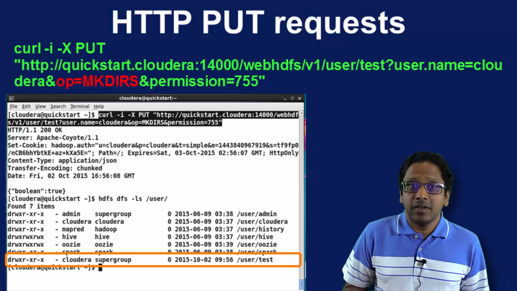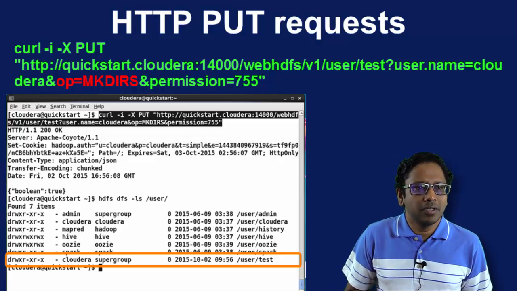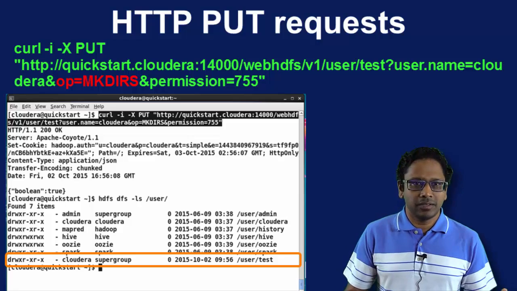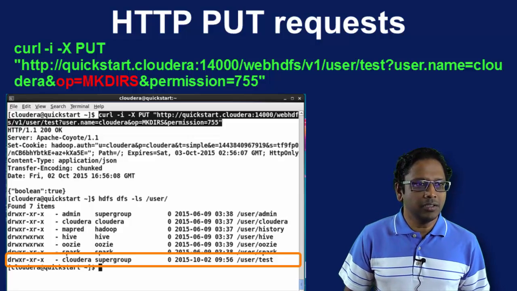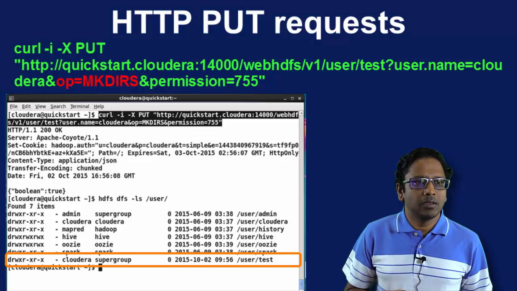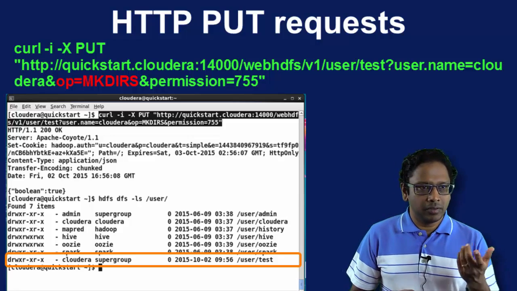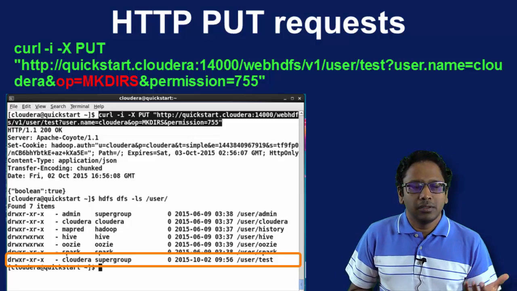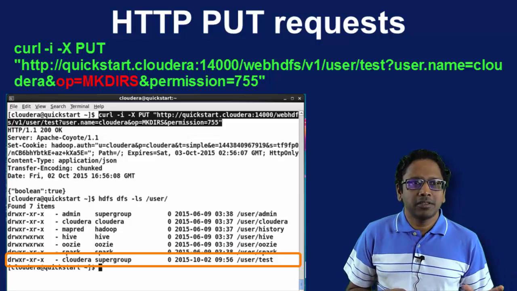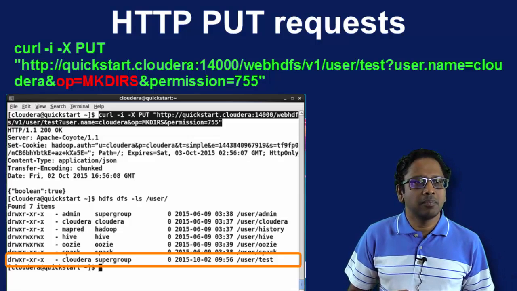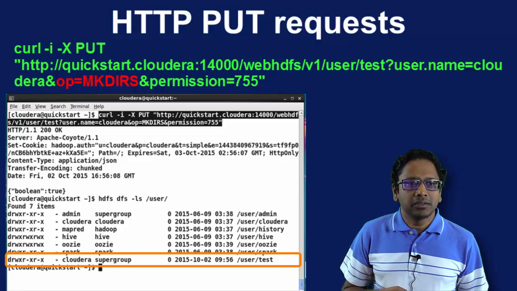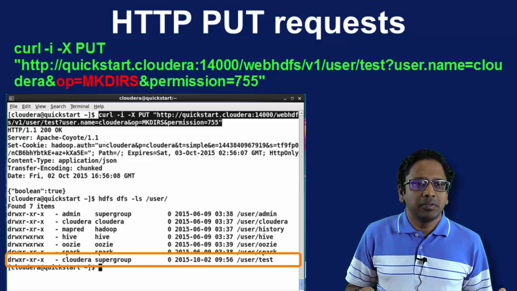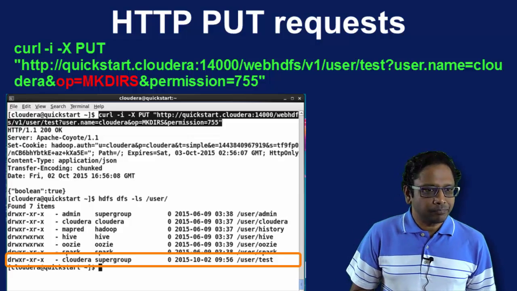Similarly, you can make a directory there. So let's go back to our terminal and run this command. Now it's a PUT command because we are actually asking something to be done. So you've got -X PUT in your curl options, and again the whole HTTP address, and the operation, if you notice, now says op equals MKDIRS. That's basically making a directory, and we are setting the permission to 755.